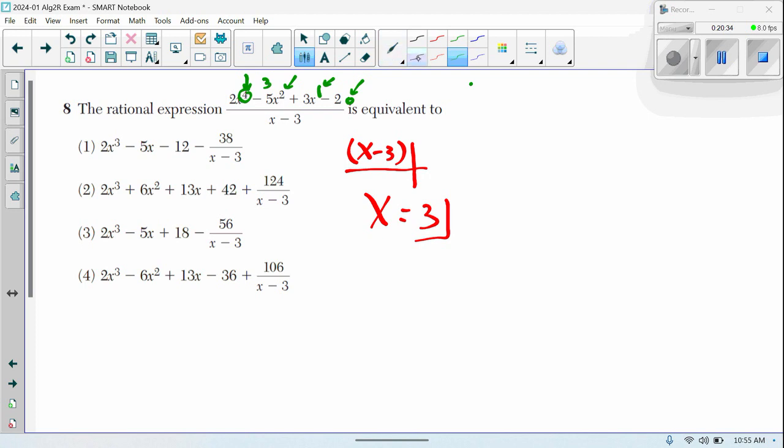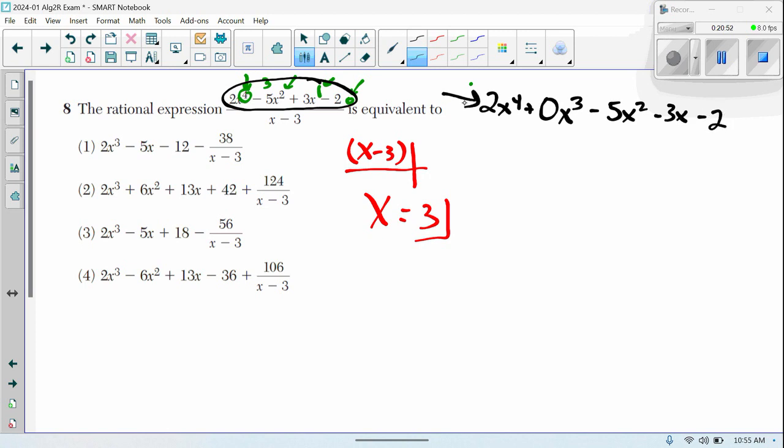So when I rewrite the top half of this, I'm going to say I have 2x to the 4th, but I have 0x cubed. You need to write every term. Minus 5x squared minus 3x minus 2. This is the numerator.